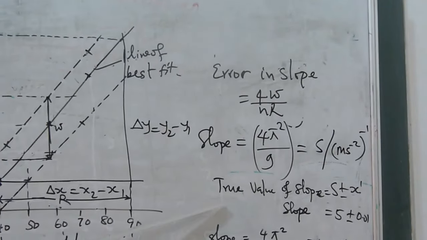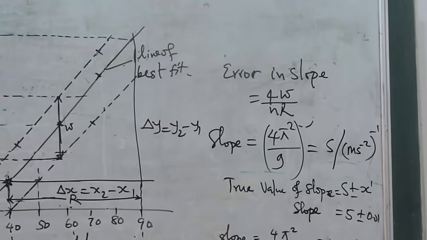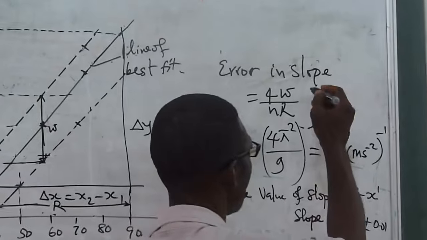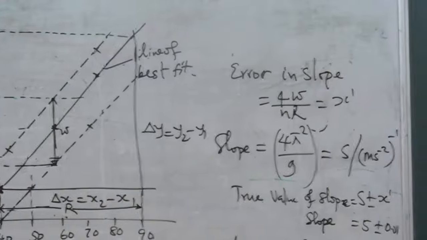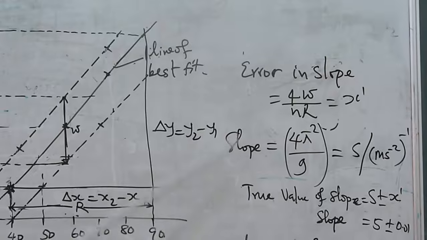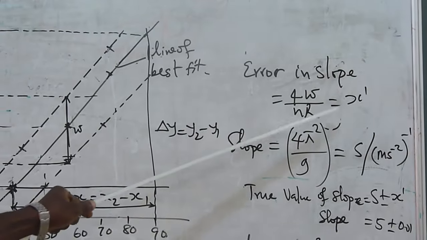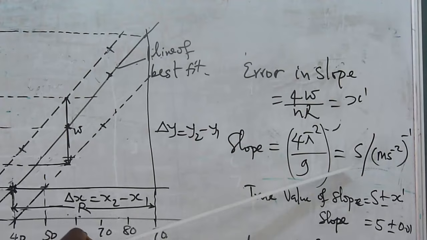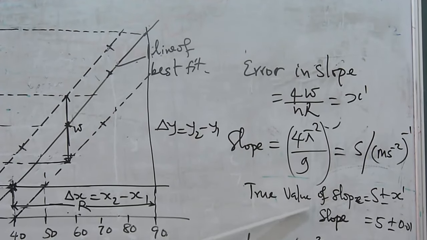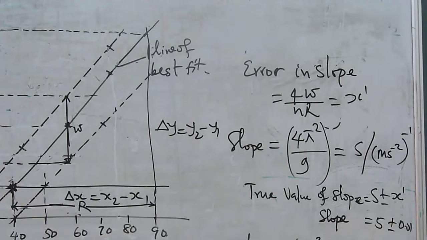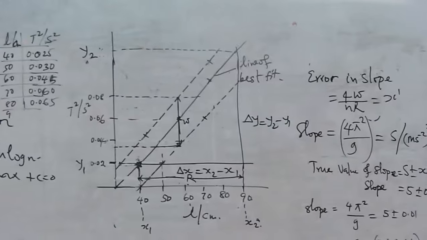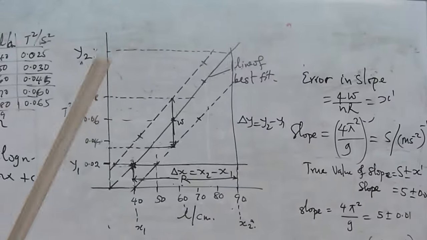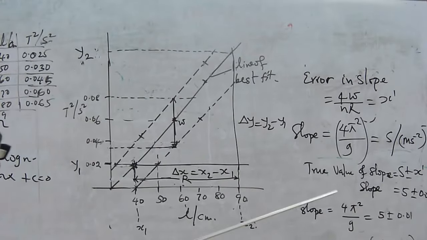If the error in slope is, let's say, x prime, by the time I calculate this, I got x prime. By the time I calculate this, I got x. The true value of slope will now be x plus or minus x prime. That gives me the range of my error. It means that my error is plus or minus x prime.